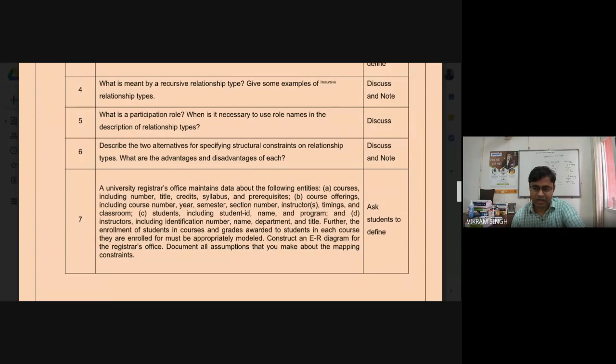Participation role is basically a structural constraint which explains the maximum and minimum value for the participation of an object of an entity in a relationship. So naturally, when you want to describe more realistic values of the participation of an object in a relationship, then you can use the participation role.